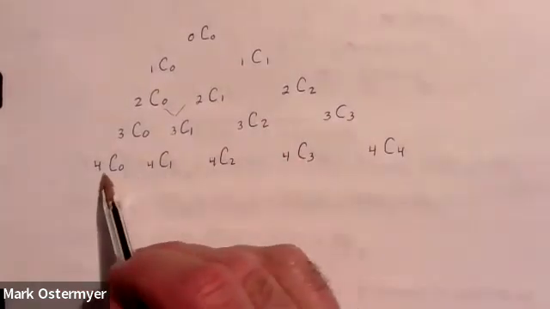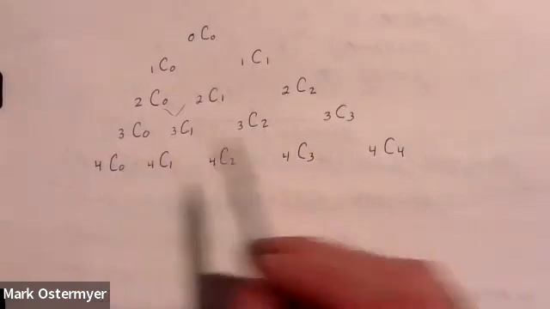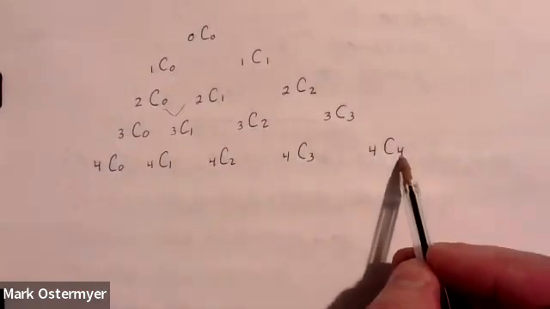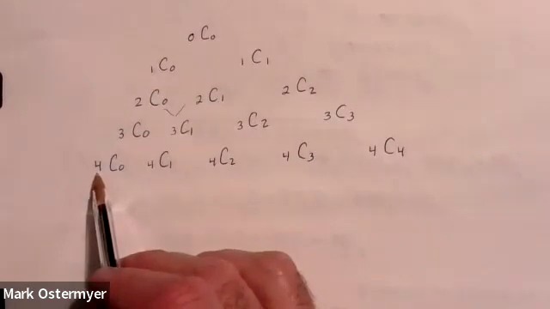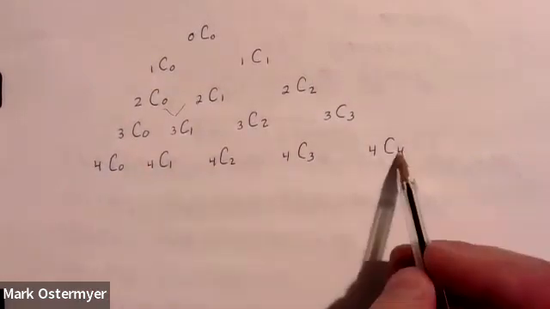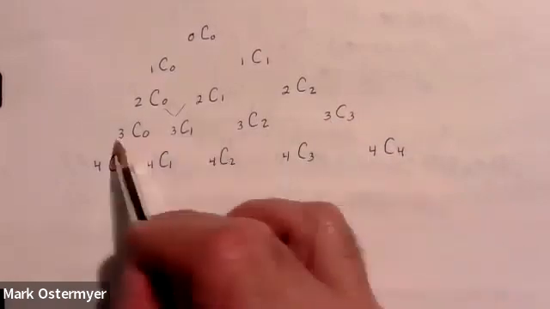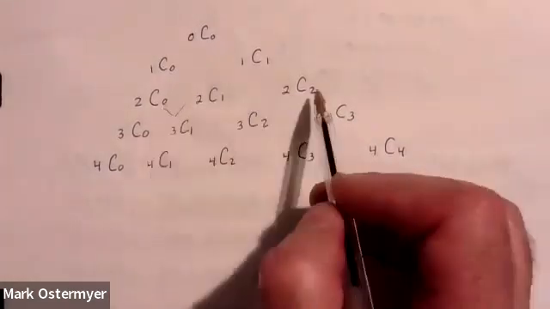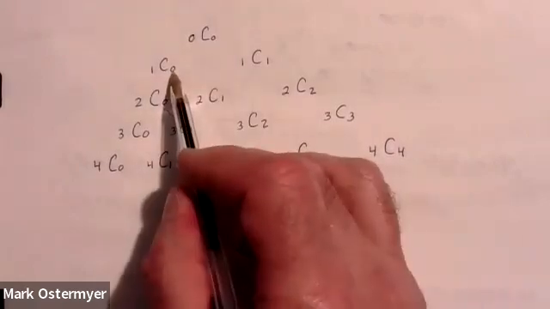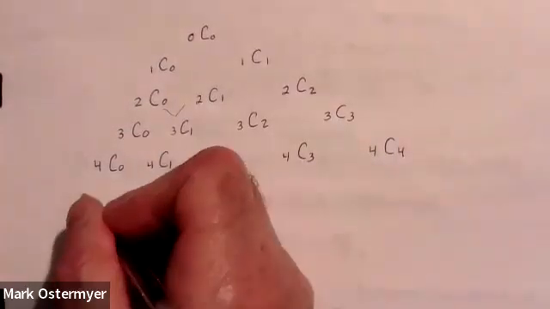Notice there's a distinct pattern here. r always starts at 0 and then ends with a value equal to what n is. So r starts at 0 and ends at 4, starts at 0 and ends at 3, at 2, and at 1. So you can see there's a unique pattern here.